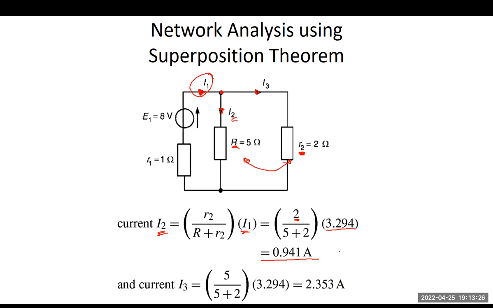Now for I3, we could make use again of the current divider formula. So I3 will now be equal to, again, the source current of 3.294.